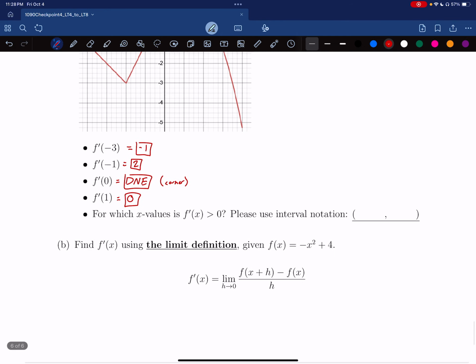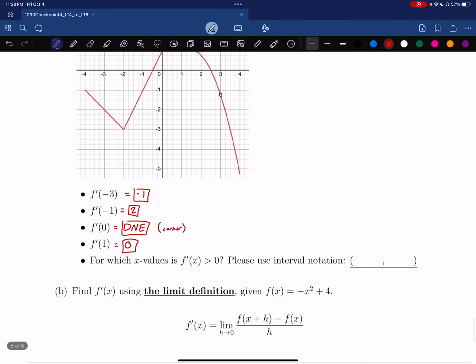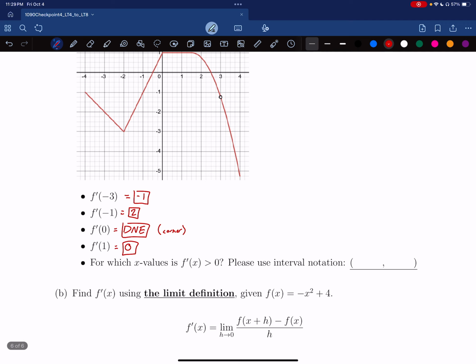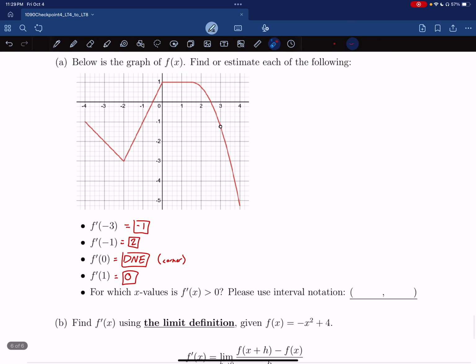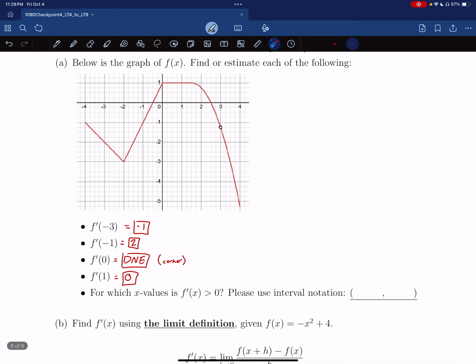And then it asks us which x values of f prime of x are greater than 0. So looking for positive derivative or like positive slope. So let's start all in the left here. This is negative slope. I get to here. Oh, now I have positive slope.